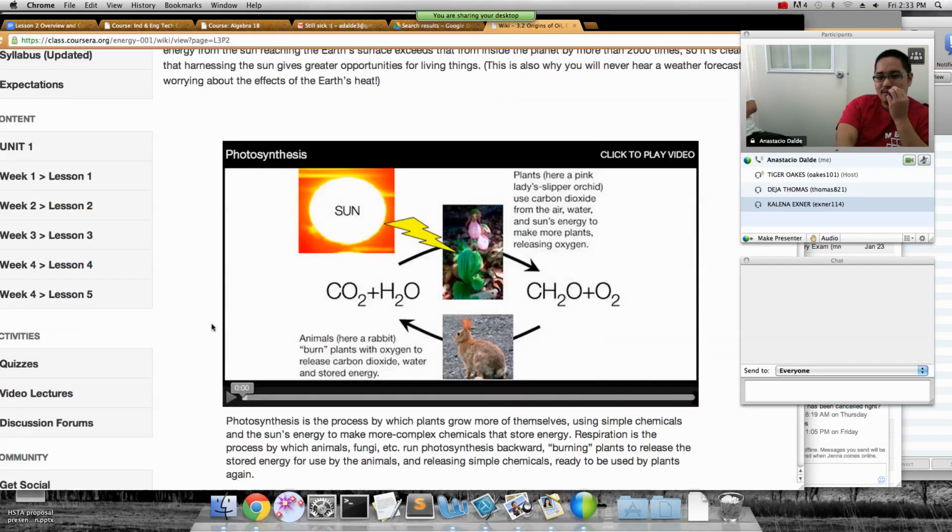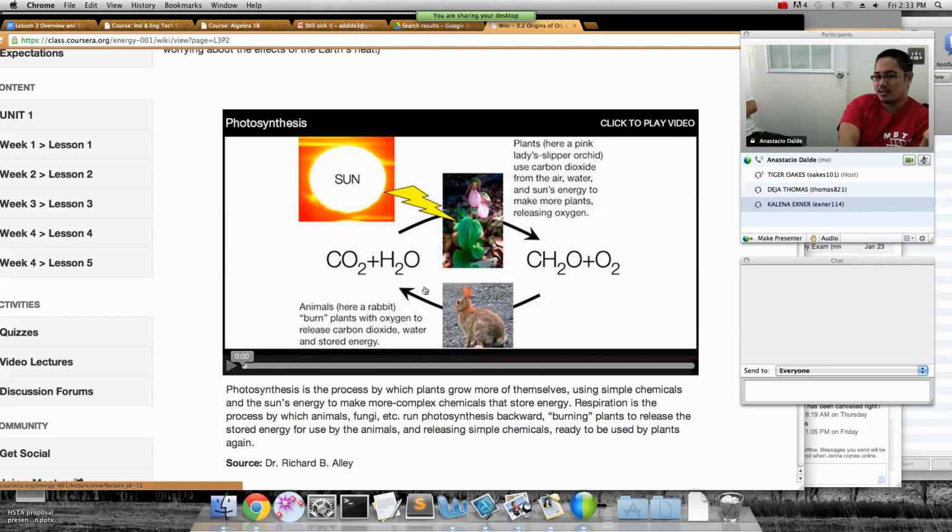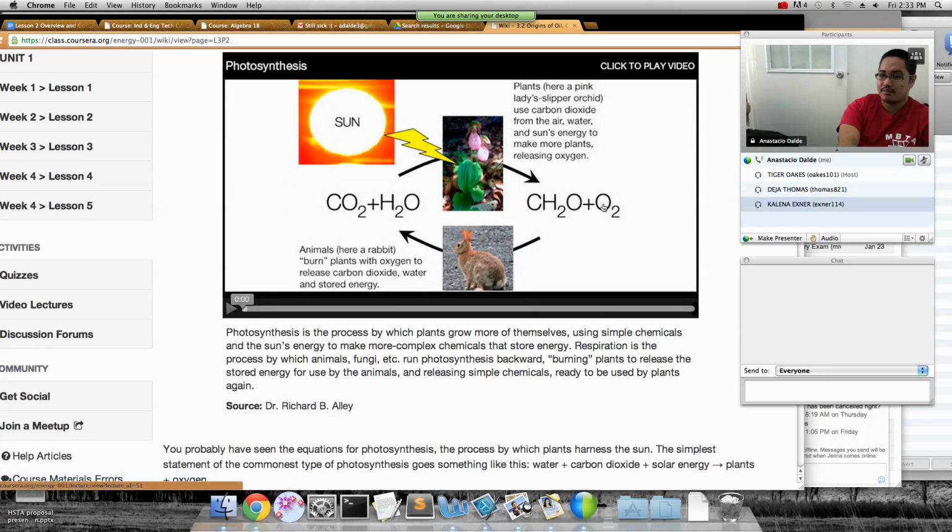All right, so you've seen this before in your science class, right? Photosynthesis basically takes carbon dioxide and water. The plant takes that in. It also takes a bucket load of energy in from the sun, and it spits out oxygen. And then that oxygen is sucked in by animals.